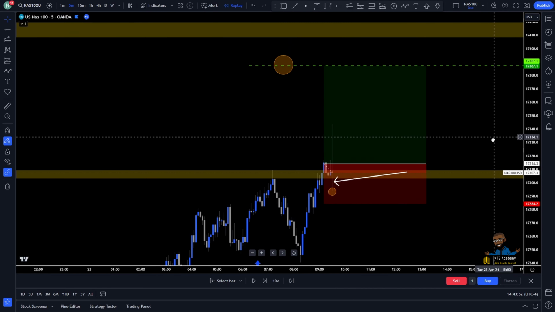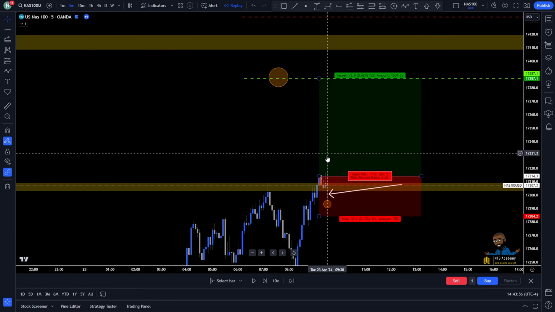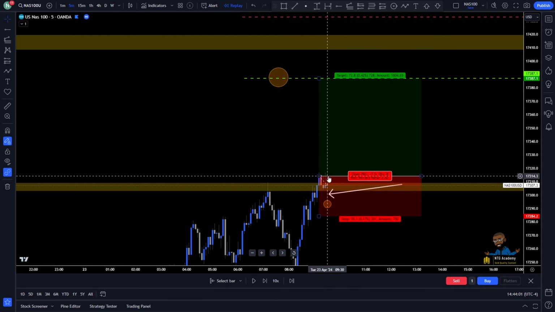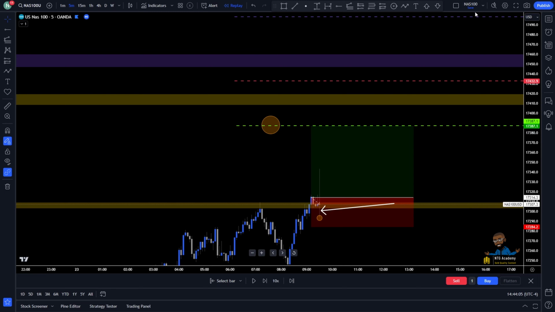You're like, man, this is easy. I can execute this. It's easy to do market replay. But when it comes to the actual live market, when you're looking at the wicks going crazy, when you're seeing dojis and you don't know where the market is going to go in the direction, that's when the real trading starts. So I want you guys to keep this in mind when you guys are entering the breaks.